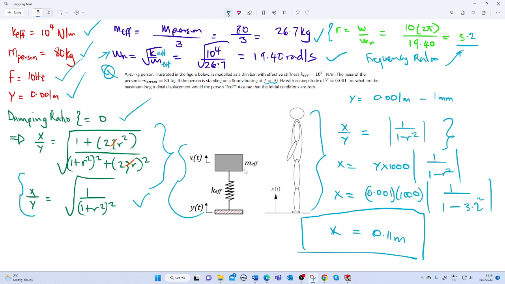So that becomes 0.001 multiplied by 1000, multiplied by the magnitude of the equivalent of the X displacement. This time around it is in magnitude. So by slotting all our values, that is the frequency ratio r, into this particular equation, that gives us X equals 0.11 meter. Thank you very much.